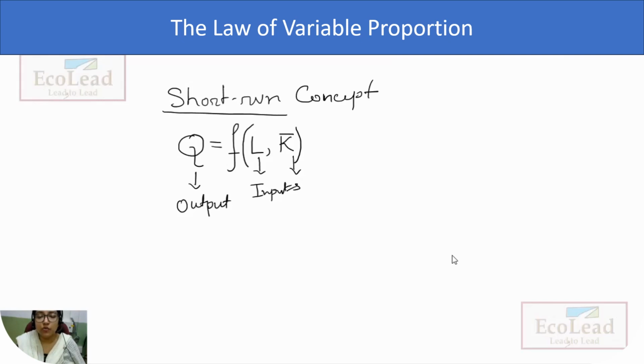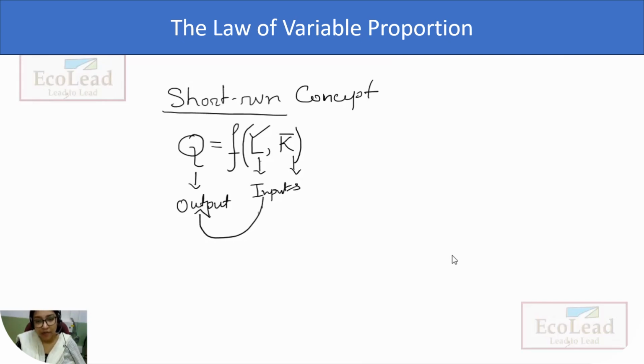Now we will move to the law of variable proportion. The law of variable proportion basically states how this variable input, this labor, is now our variable input, how this variable input is actually affecting the output.